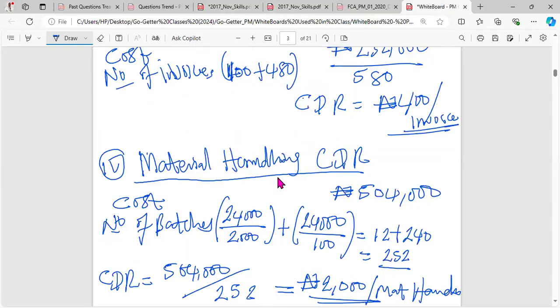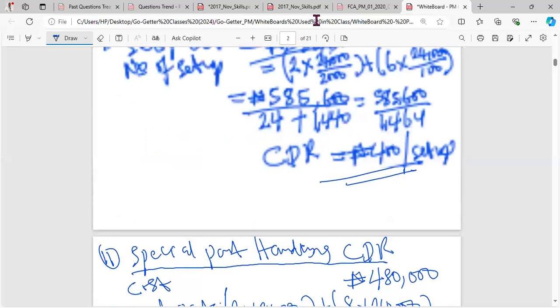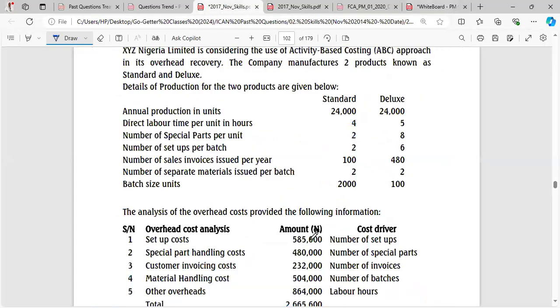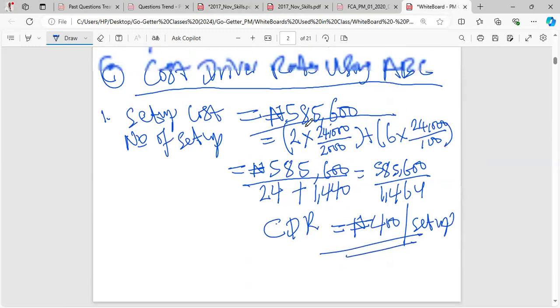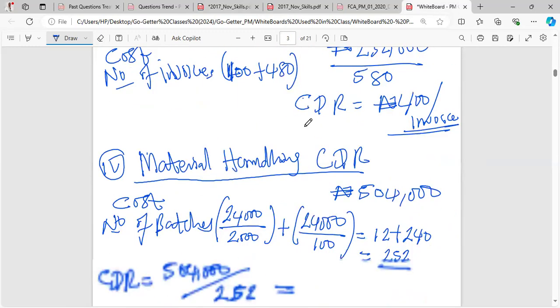Okay, sorry, this is setup. Why am I calling special parts? Number of setup. So the setup cost here is 400. So let's adjust that to 400.